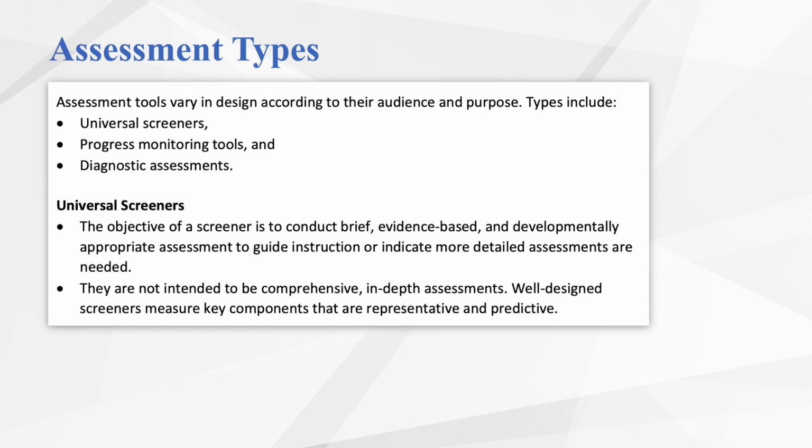If we want to get that broad picture of our student population, we need to administer it to everyone. So again, universal means that it's given to everyone. It does not tell us what the student specifically needs. It's only identifying those layers of risk: minimal risk, intense risk, no risk, or in need of enrichment.